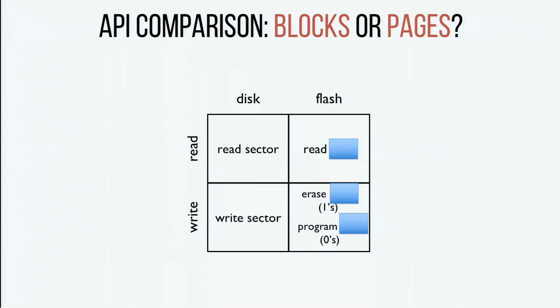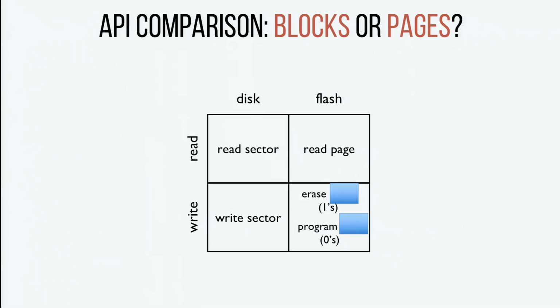So with flash, are we able to read a page or a block? Raise your hand if you think it's block. Raise your hand if you think it's page. All right. So it's a page. That's the smaller unit. You can read individual pages of flash.